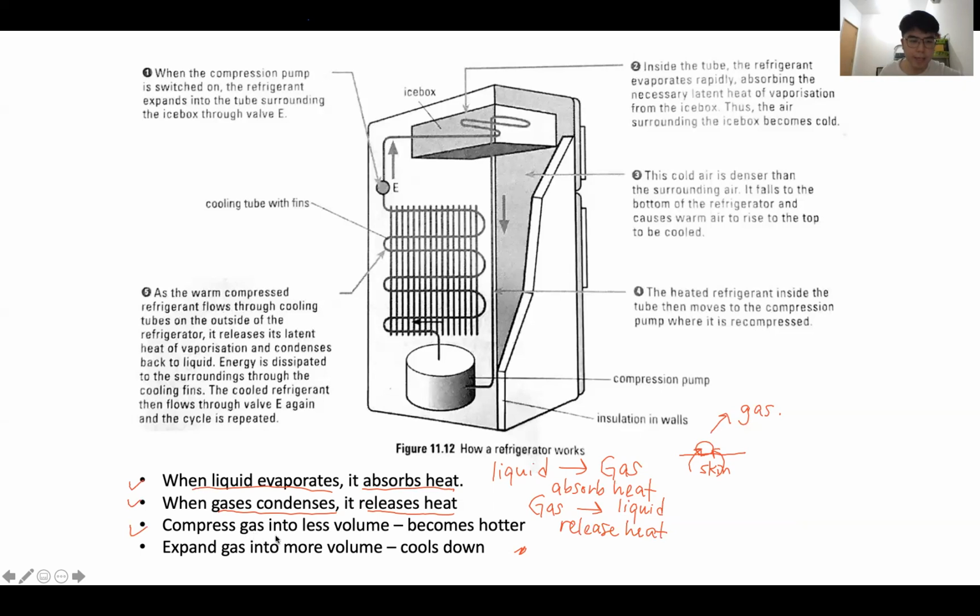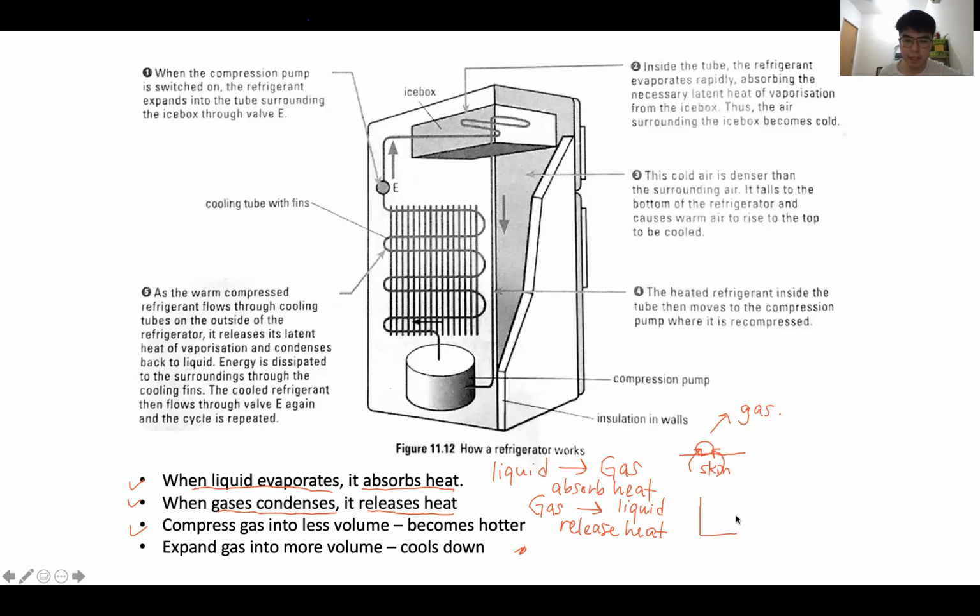Point number 3. If you compress gas into less volume, then the gas becomes hotter. It's like when you pump the air in a bicycle tire or a car tire, you feel that the air becomes hotter inside.